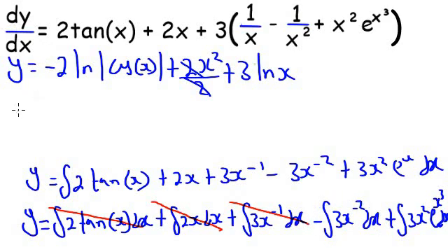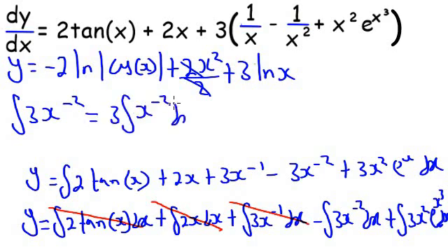Now, on to the fourth term. What is the integral of 3x raised to the negative 2? So unlike before, let's bring the 3 to the front of the integration symbol. Then we have 3 integral of x raised to the negative 2 dx. So finally, we can integrate this function. We can have 3x raised to the negative 1 all divided by negative 1. How did I get that? I just added 1 to the index and divided by negative 2 plus 1.